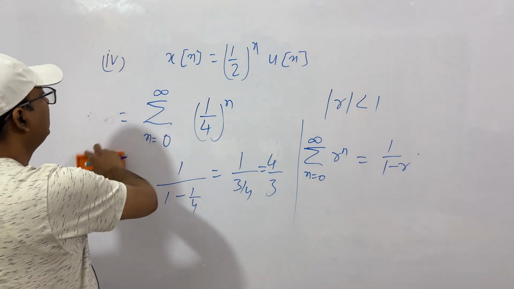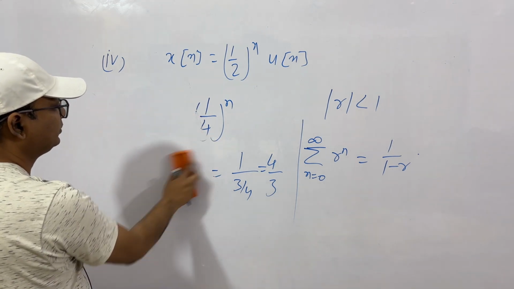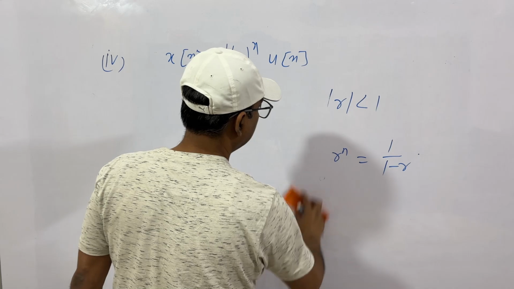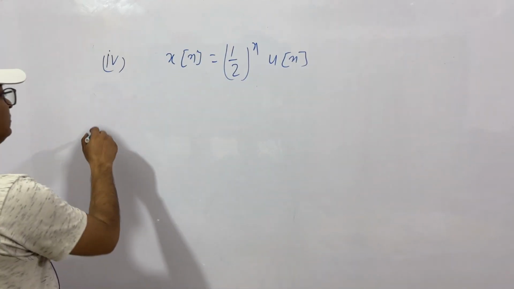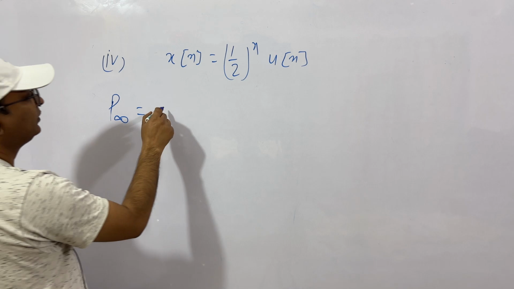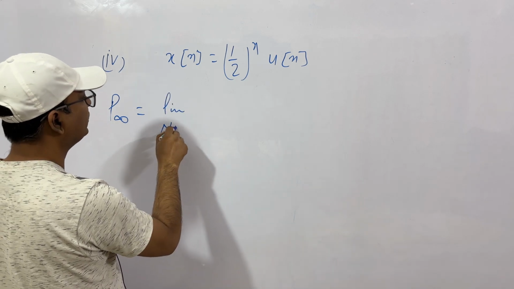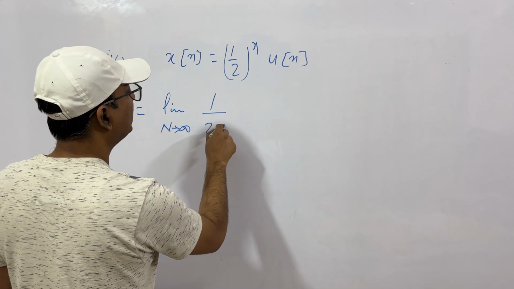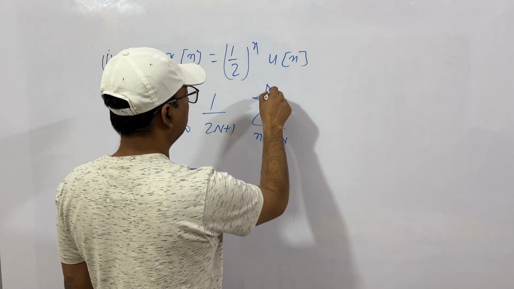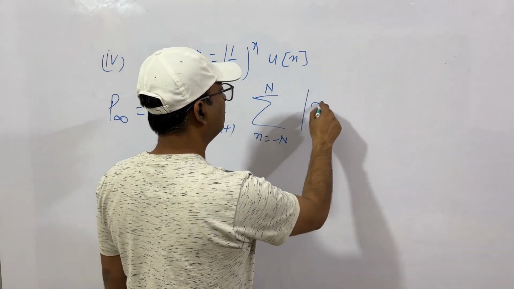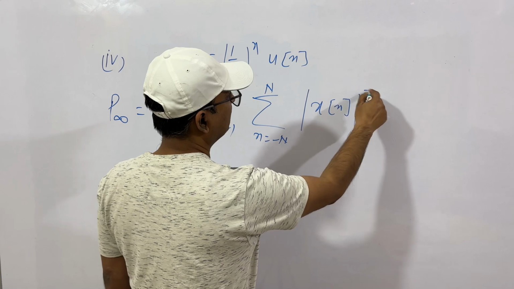What will be P infinity? Let's see. P infinity is, you know, the limit as n tends to infinity of 1 by (2n plus 1), the sum from n equal to minus n to n of x[n] squared.